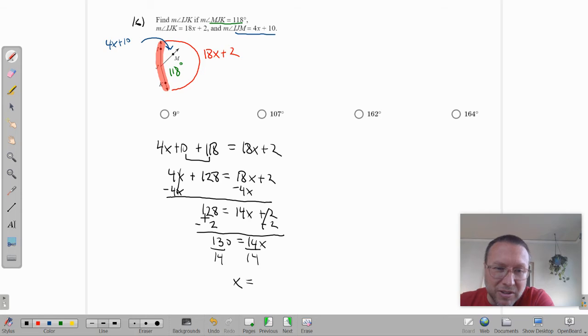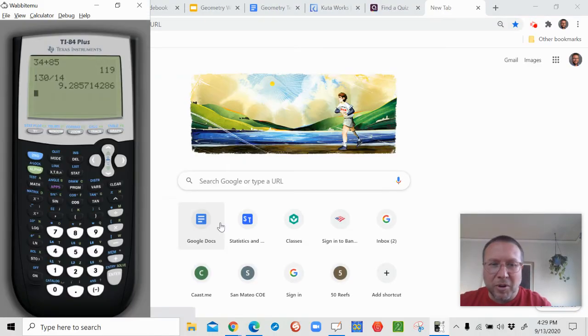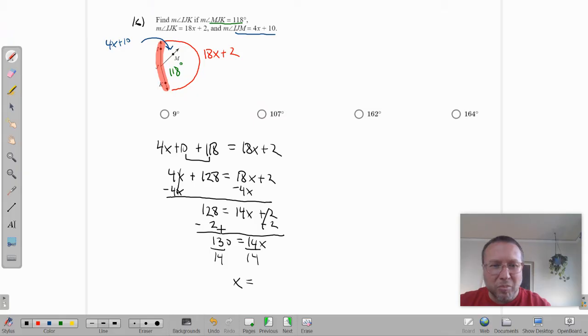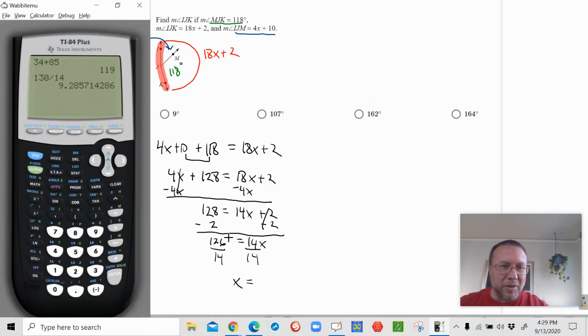Immediately, I saw in my calculator, I knew I wasn't supposed to get a decimal. Then I started looking back, and oh, okay, 128 minus 2 should have been 126. So let's fix this. So that should have been 126.